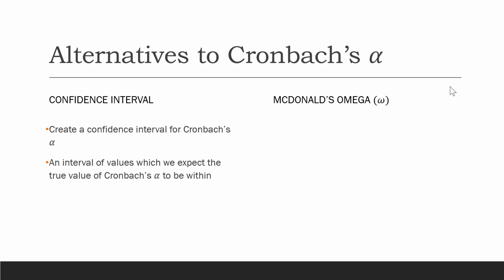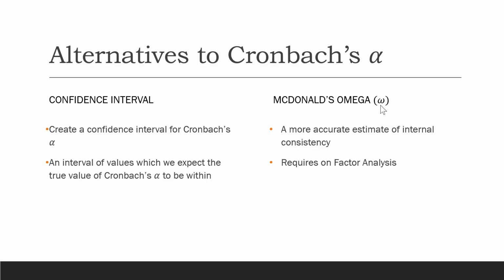Another method is to use McDonald's omega. There's the Greek symbol for omega. It looks like a W almost. This is another estimate of internal consistency, and we're starting to see it reported a lot more in survey research. It is a more accurate estimate of internal consistency, and it's calculated not just using correlations.